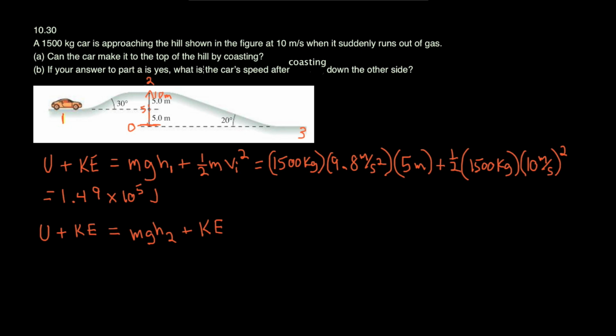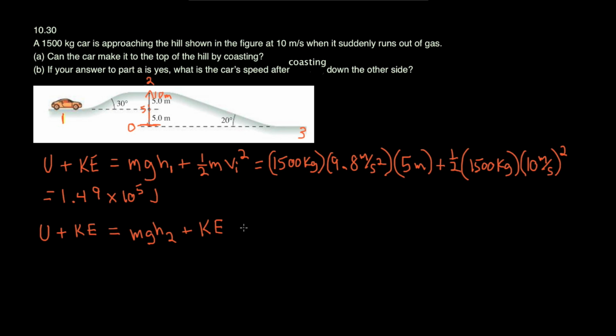The way we know if it's going to make it to the top of the hill by coasting is if there's any kinetic energy left. So if this mgh2 is bigger than 1.49 times 10 to the 5th joules, there can't possibly be any kinetic energy, and that means the car didn't make it. However, if this is smaller than 1.49 times 10 to the 5th joules, there must be some kinetic energy left, and it definitely made it to the top of the hill.